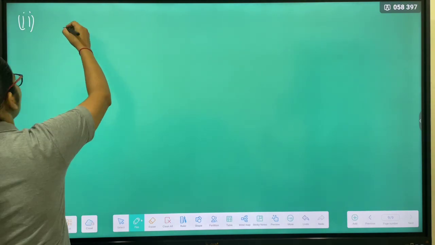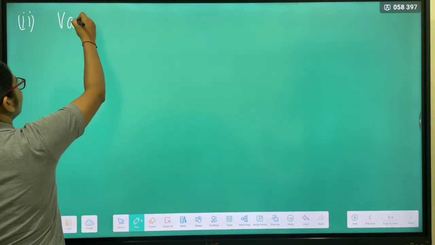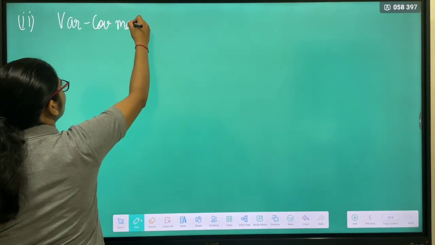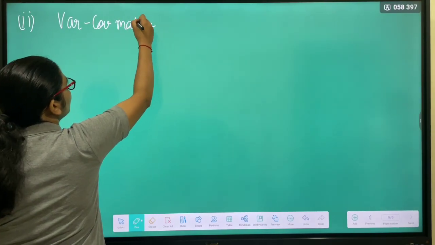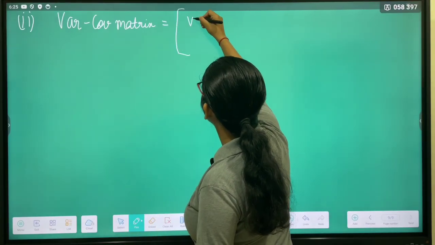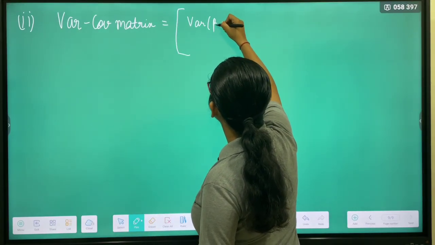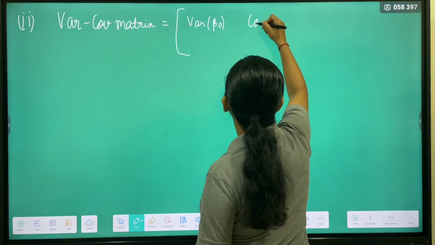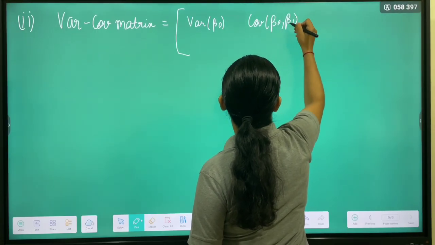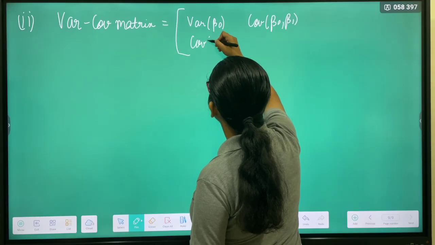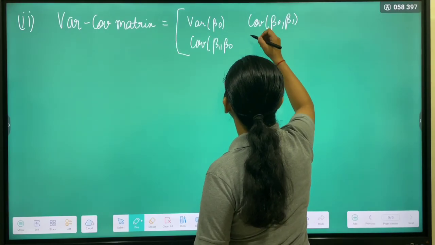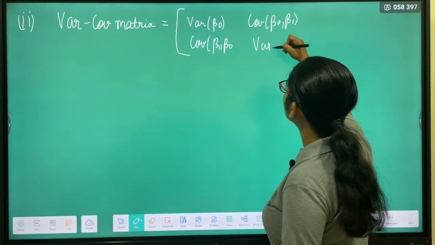So the variance covariance matrix of beta naught and beta 1 can be written as variance of beta naught, covariance of beta naught and beta 1, covariance of beta 1 and beta naught, and variance of beta 1.